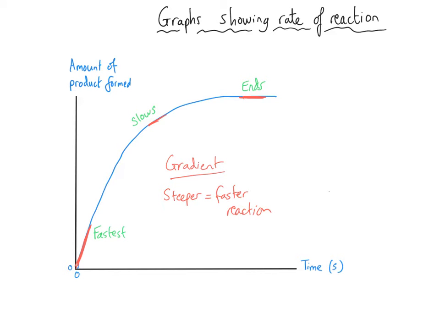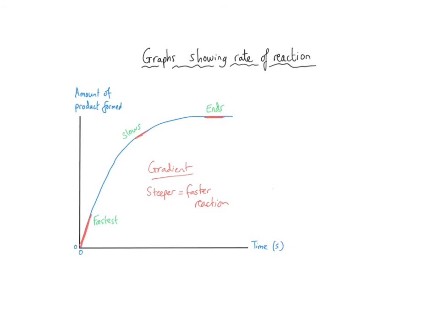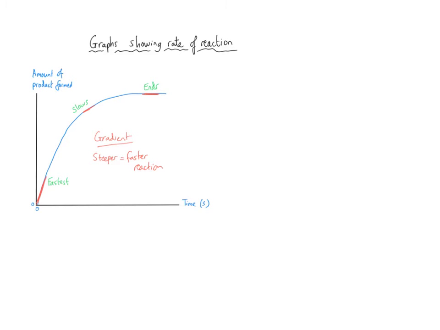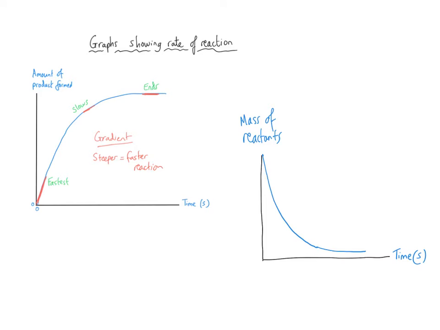This reaction is over. Alternatively, if we just move this graph over to this corner and we sketch a different graph, if we were to sketch a graph for how the mass of chemicals changes over time, it would look something more like this. And at first glance, this looks really quite a different graph because it's the opposite direction of travel.